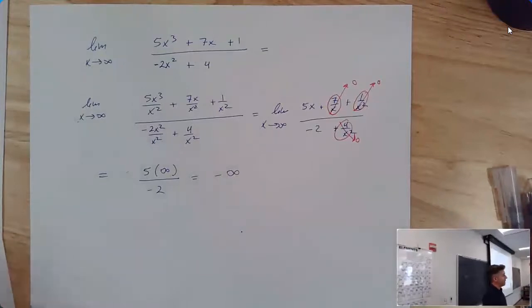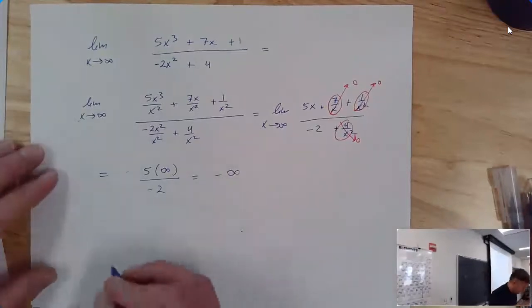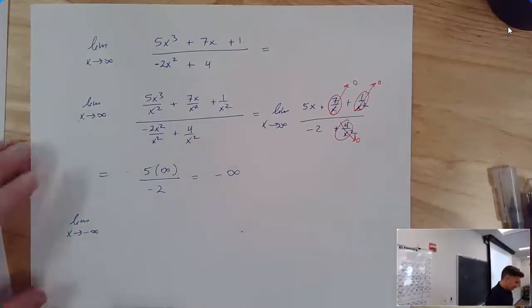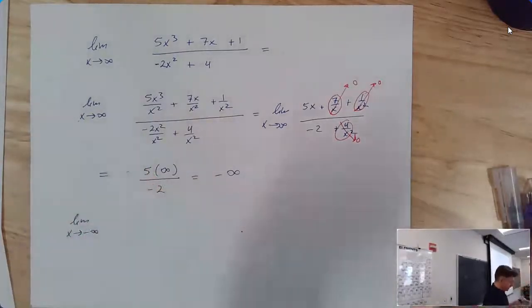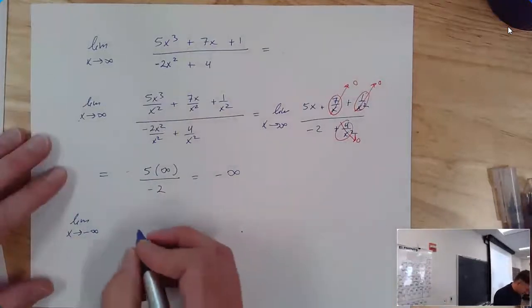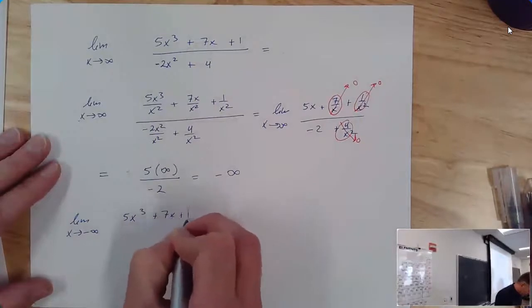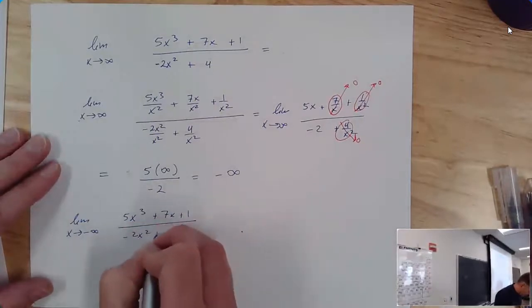On the other side of things, if we instead were looking at the limit as x goes to negative infinity, the work would be the same. Right? We would still divide everything by x squared. So this limit is x goes to negative infinity of 5x cubed plus 7x plus 1 over negative 2x squared plus 4.